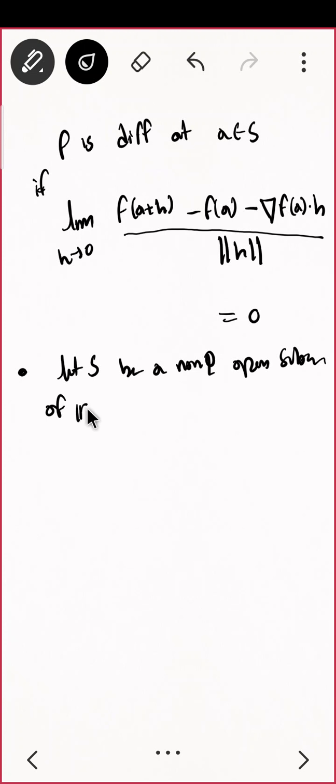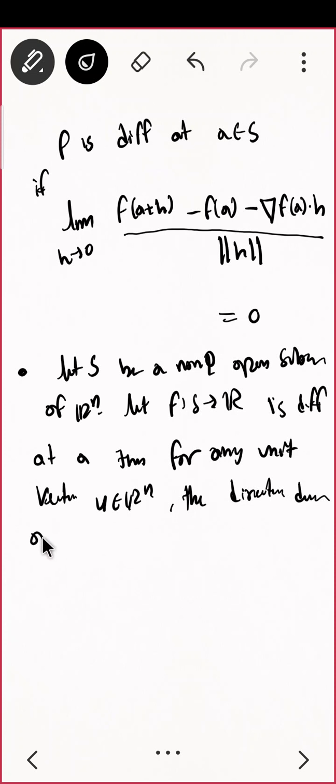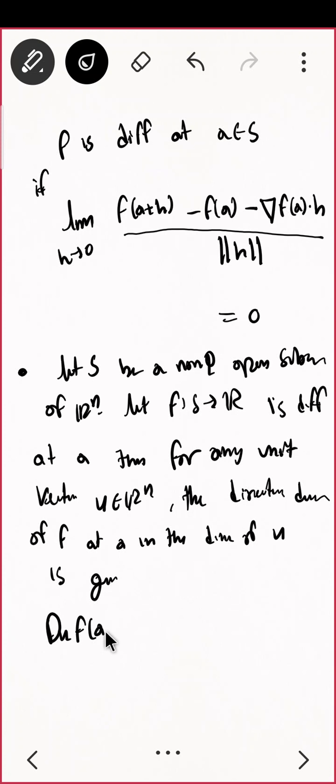So from gradient we get everything. Let f from S to R be differentiable at a, then for any unit vector u in Rn, the directional derivative of f at a in the direction u is given by D_u f of a equals del f of a dot product with u, correct?